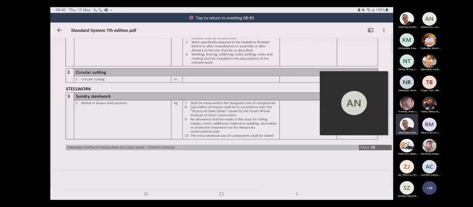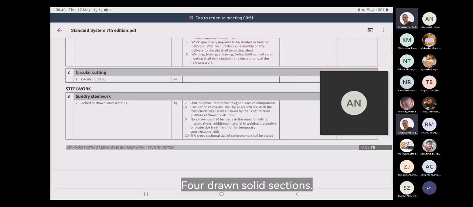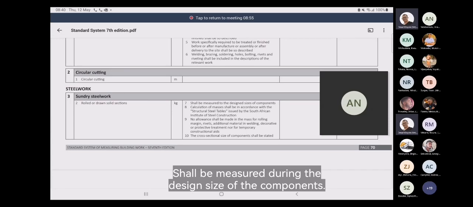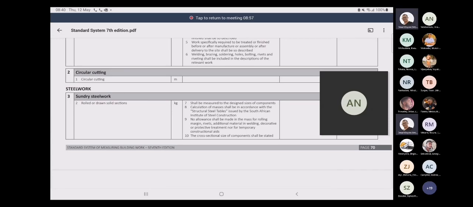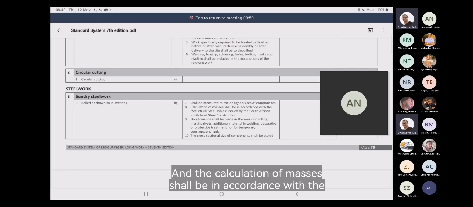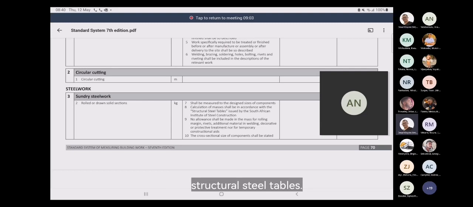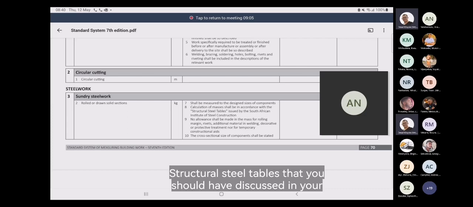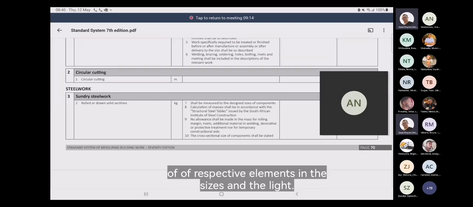Rolled or drawn solid sections shall be measured to the design size of the components, and the calculation of masses shall be in accordance with the structural steel tables. Structural steel tables that you should have discussed in your third year. Structural steel tables that give us the different weights of respective elements in the sizes and the like.